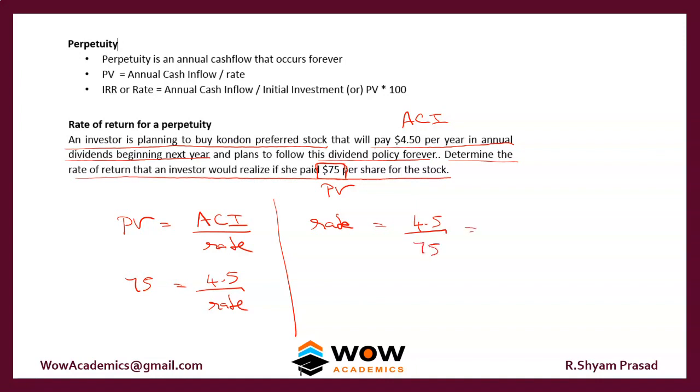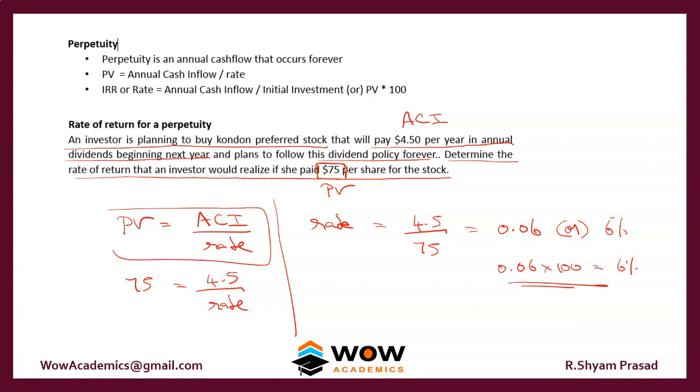That will come to 0.06. If you represent it as a percentage, it would be 6%. Or else you can put it like this, 0.06 into 100 gives you 6%. So in this formula, any one number will be missing and you have to find out the missing number. That is called a perpetuity.